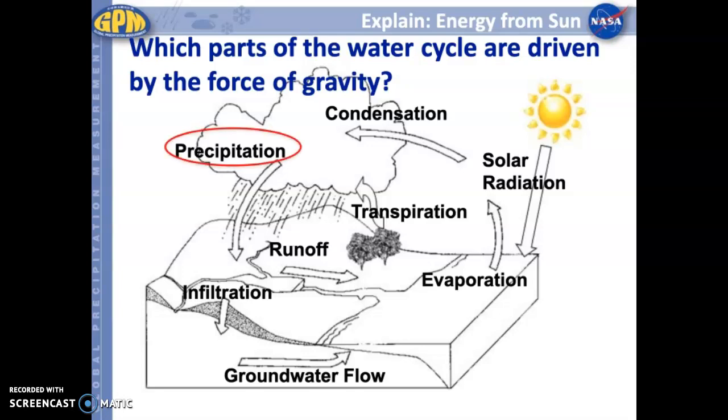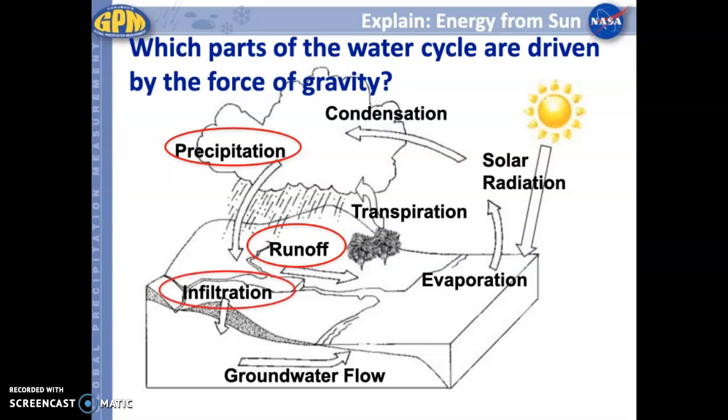Gravity is going to pull the rain, snow, whatever form of precipitation it is, down to the surface of the earth. The next is runoff. Runoff will go from the highest point on wherever it lands, and it will try to travel down to a lower point. So it'd go down a stream, down a hill, or down a mountain.